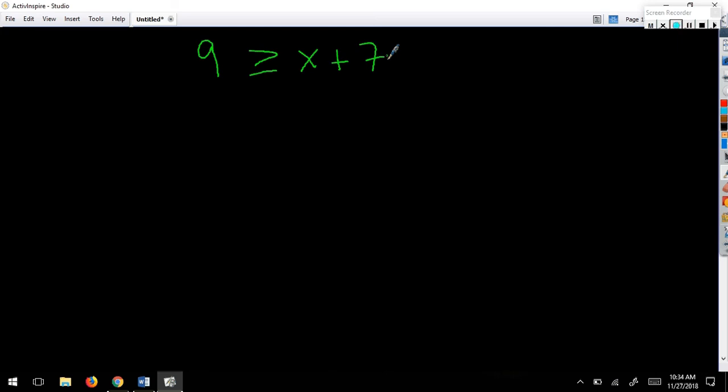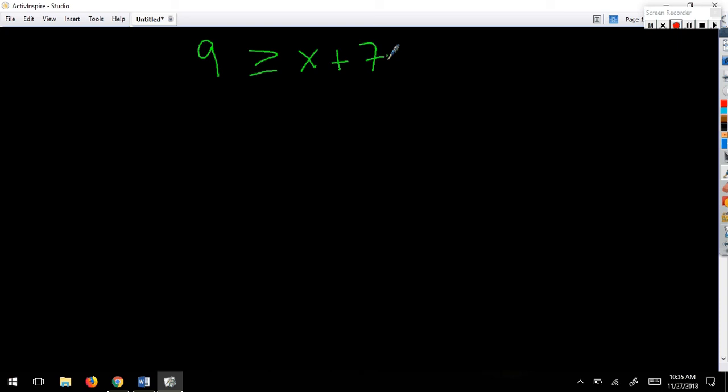Solve and graph. This one, I left you some nice whole numbers. So you subtract the 7.